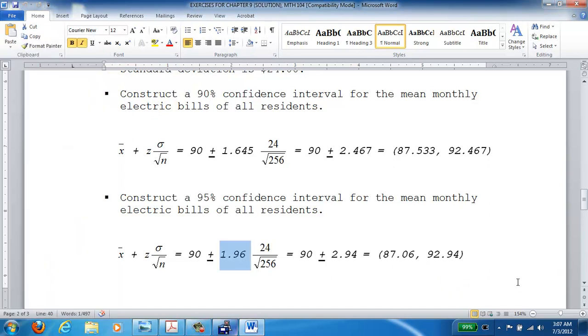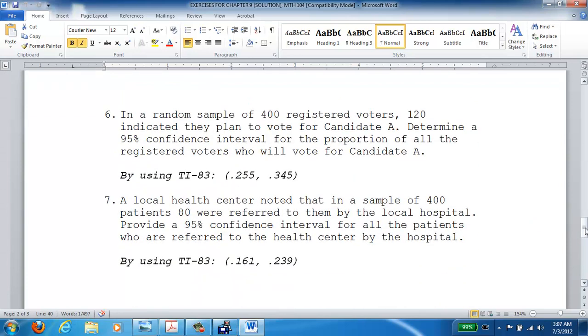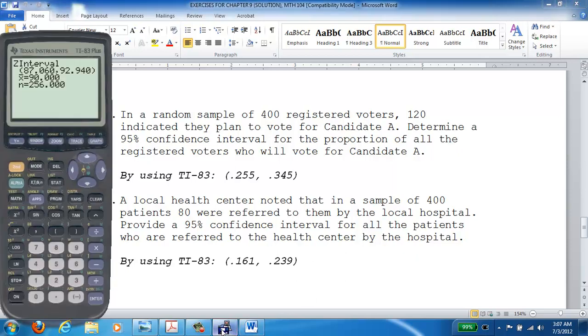Then we move on to the next two problems. This is for a population proportion, so we will use the graphing calculator. So we go to Stat, tests, and we go now to A, 1-proportion z-interval. X is the number of successes, 120.